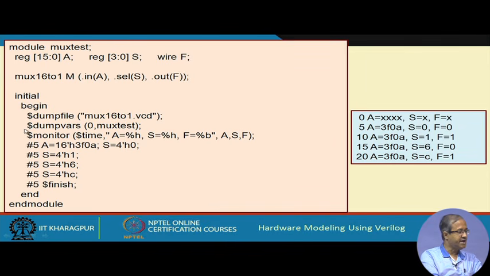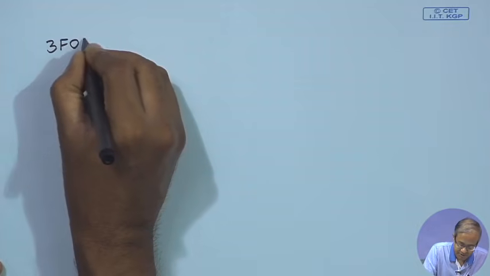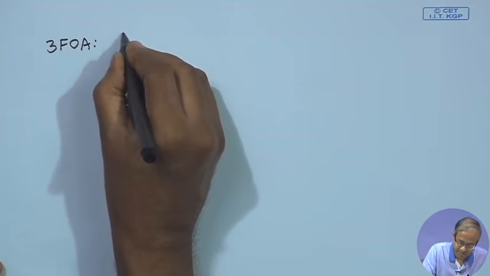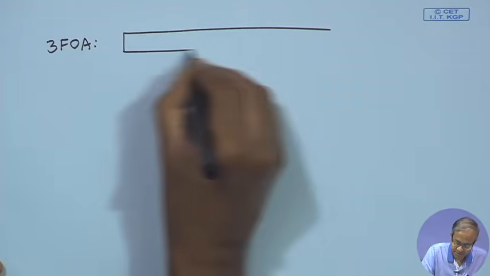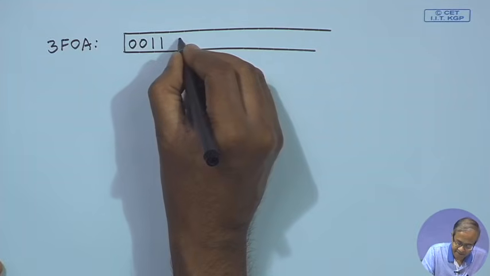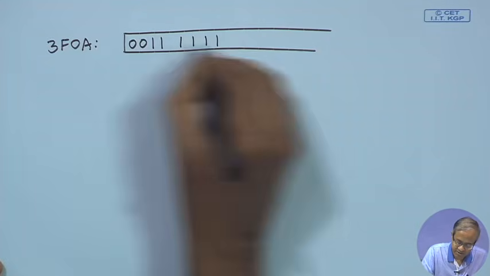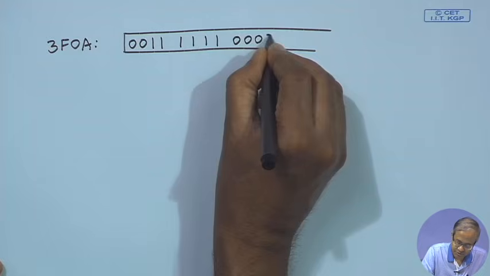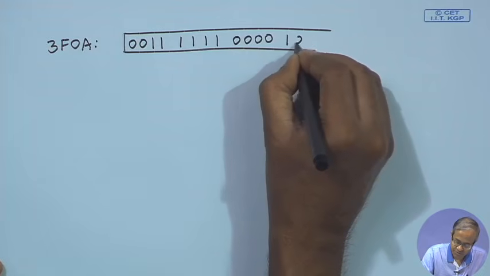So, what I am saying is that at time 5, I apply the 16 bit hexadecimal value 3F0A. Let us write it down here also: 3F0A. What does 3F0A mean? 3 means 0011, F is 1111, 0 is 0000, A is 1010.